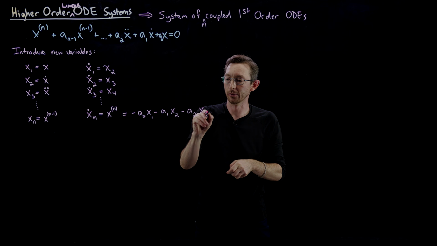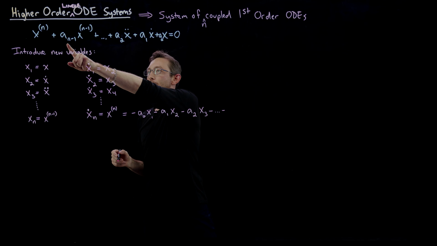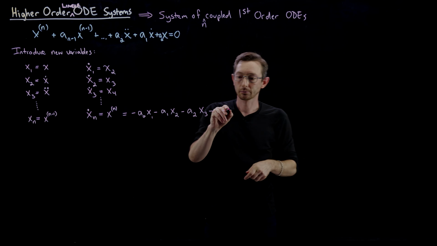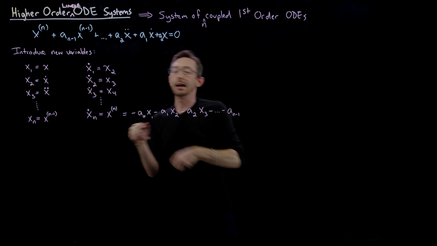I just want to be very careful. Minus dot, dot, dot, minus a n minus 1 times the n minus 1th derivative, which is my xn.